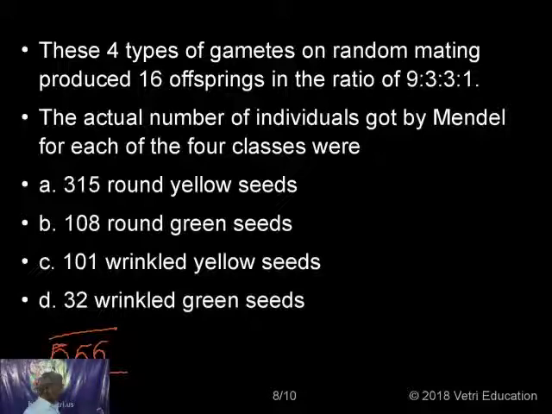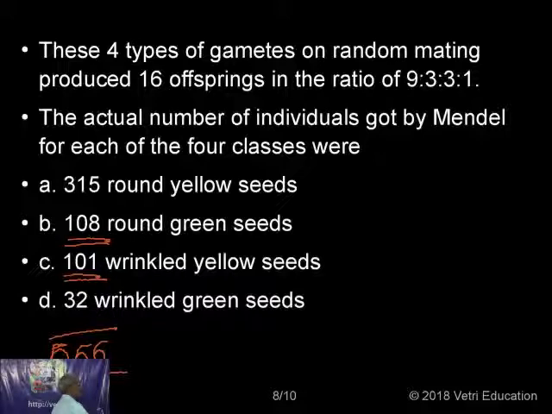See, if you are having 556 seeds, they are not given that anywhere, then you see this is not exactly in the ratio of 9:3:3:1. Are you able to follow? So, this is 108 and this is only 101.